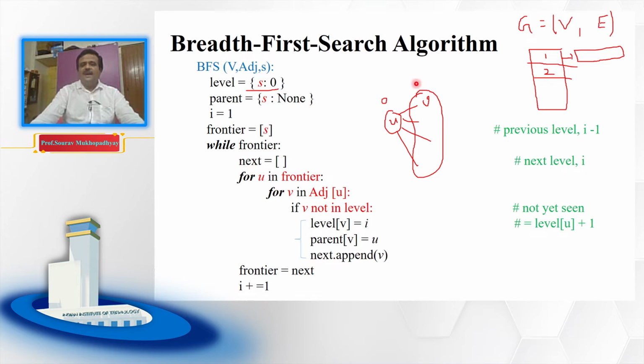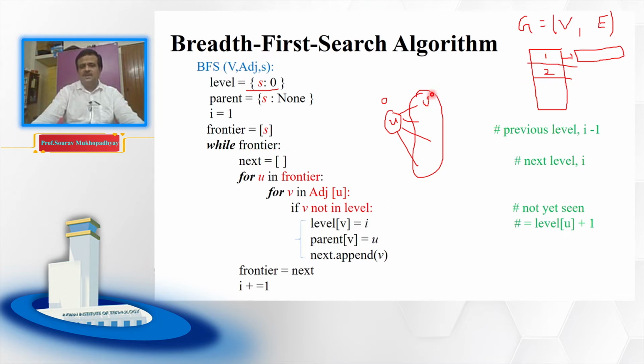Okay. And all these vertices are labeled by basically the I. Okay. And now after this loop we make the frontier to be next, because we take the next level vertices and we increase the level by 1. So, now it is I plus 1, I is equal to I plus 1, and then we continue here. If frontier is not empty, then we do the same thing.